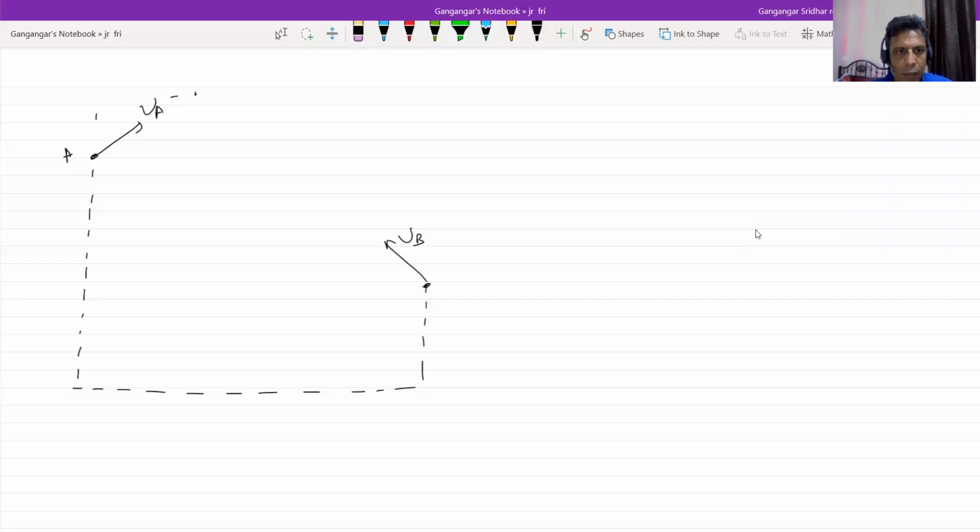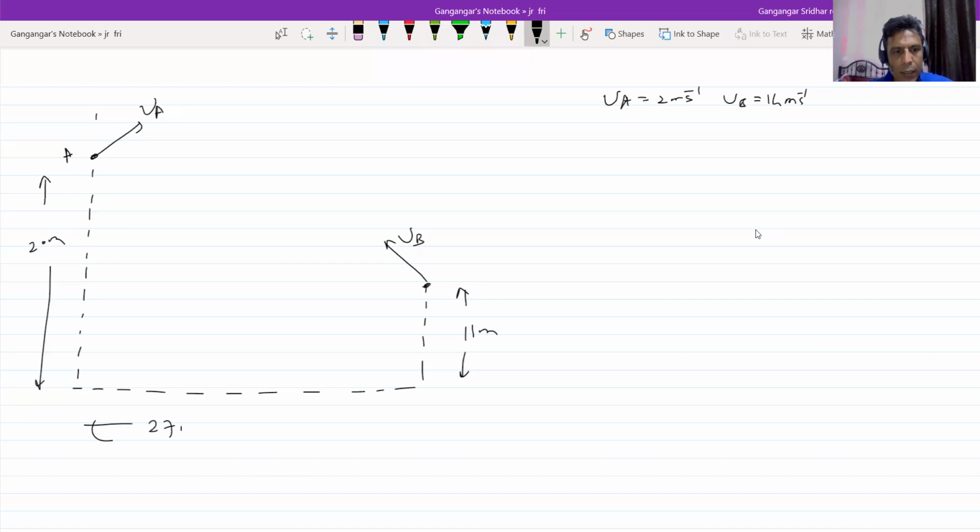So UA is 2 meter per second, UB 14 meter per second. It is a tower of height 20 meter. The separation between them is 27 meter. So both are projected from some tower.